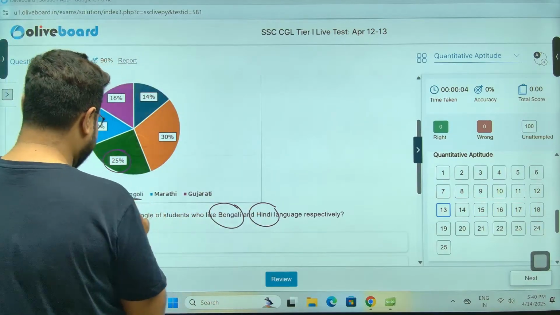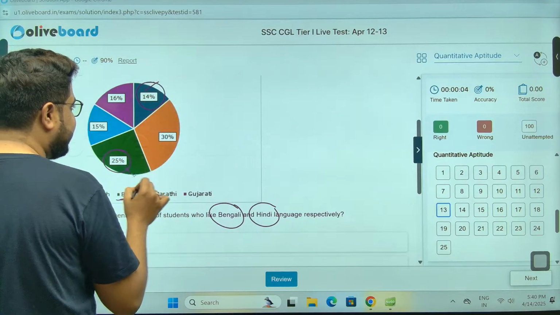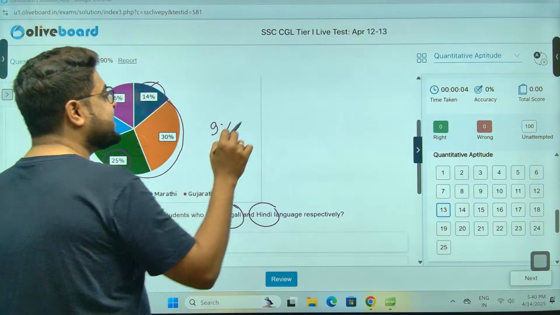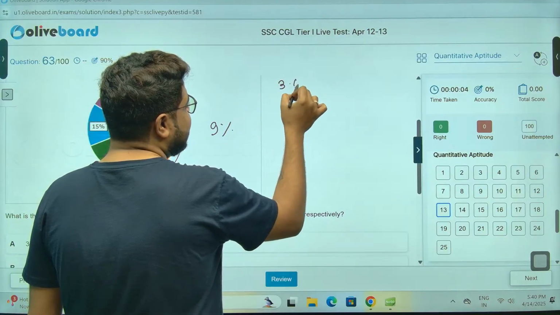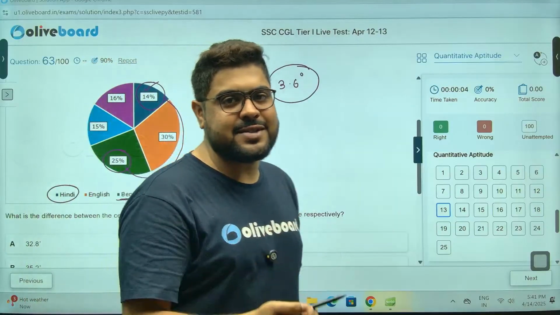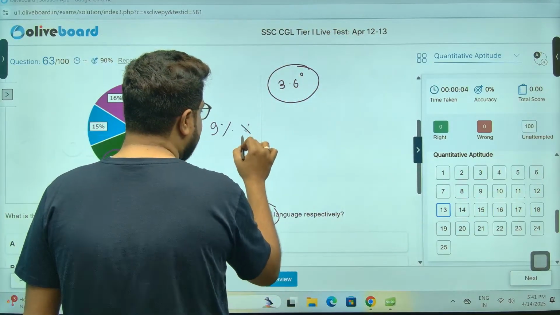Hindi is this one, that is 14%. So the difference is 9%. Every percentage in a pie chart is equal to 3.6 degrees, if you guys remember, because 100% is equal to 360 degrees, so 1% is 360 by 100, which is 3.6 degrees. So the answer will be this.